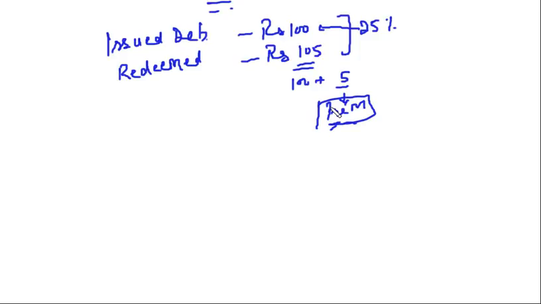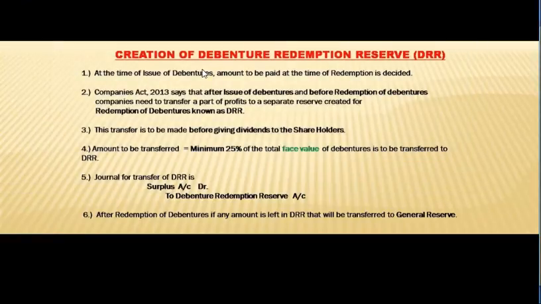You can create a higher DRR according to your profits, but the Companies Act says you have to create a minimum of 25% of the total face value of the debentures. It is to be transferred to DRR. Clear?